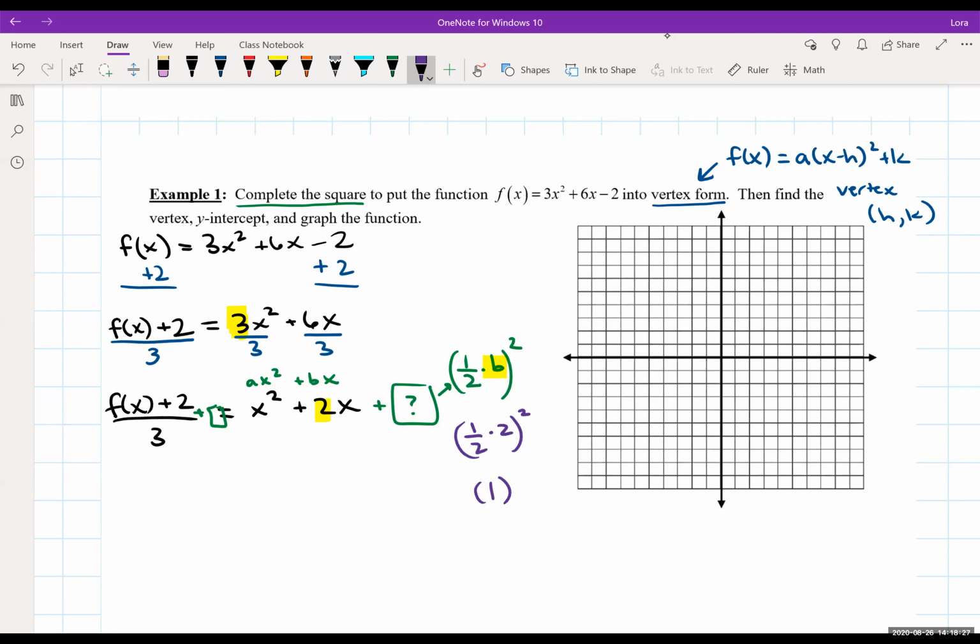You'll just work with the fraction. We'll deal with that as it comes along. So half of 2 is 1, and we still square it. Half of 2 squared is 1 squared, and 1 squared is 1. So that is the magic number that we add to both sides of the equation.